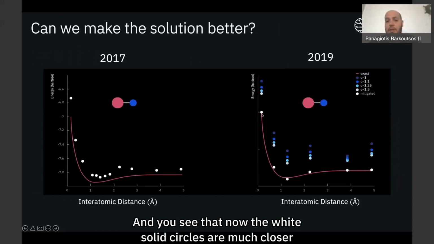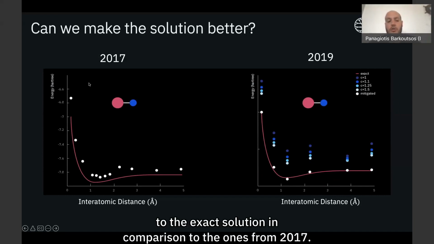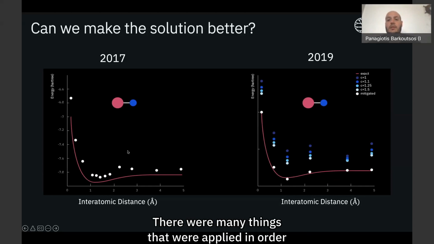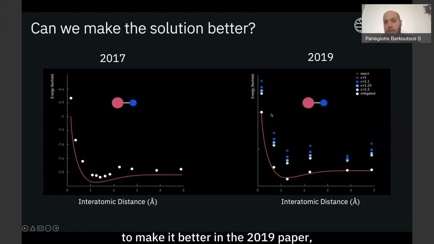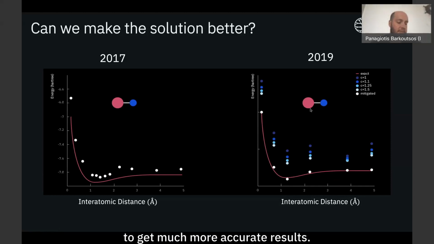You see that now the white solid circles are much closer to the exact solution in comparison to the ones from 2017. Many things were applied to make it better in the 2019 paper, but mainly the error mitigation technique, here zero noise extrapolation, played a really important role that allowed us to get much more accurate results.